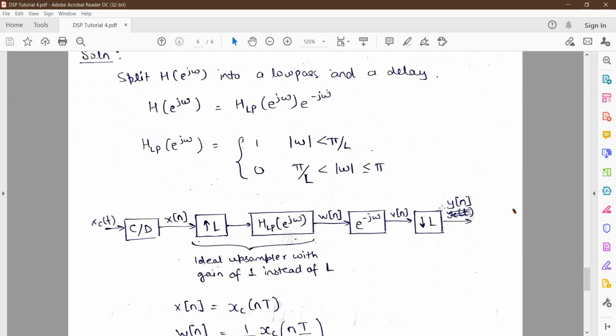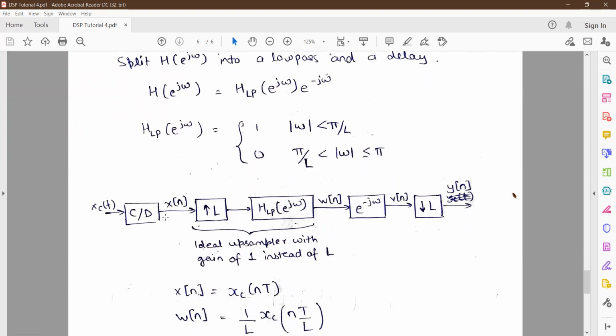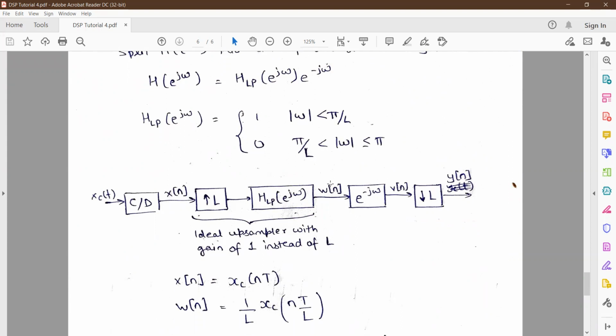And now let's try to find out what this y[n] will be in terms of xc(t). So first of all, x[n] is simply xc(nT). It is a continuous time signal sampled at a sampling period of T. Then we pass it through this ideal upsampler to get w[n], and w[n] will be nothing but, first of all, an amplitude scaling of a factor of 1/L and a time period scaling by a factor of L, right?